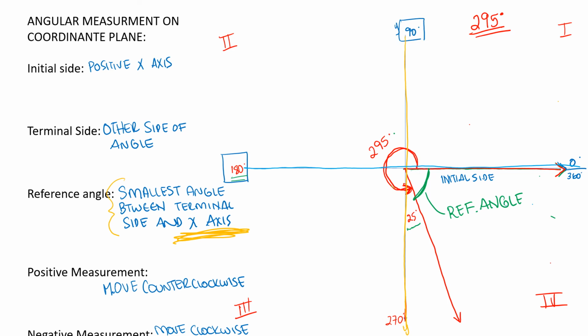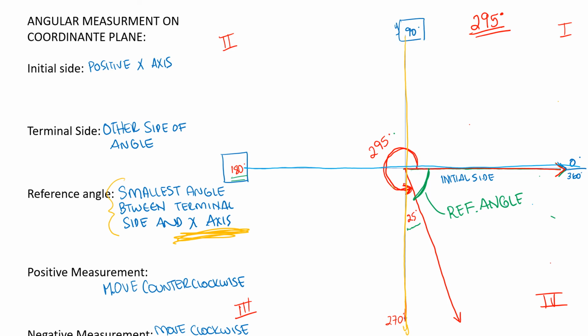For our last 4 slides here, we are going to try to find an angle so that you have a 30, 45, and 60 degree reference angle in each quadrant. So this is quadrant 1. Here's my x-axis, here's my y-axis. Keep in mind, this is always going to be your initial side.